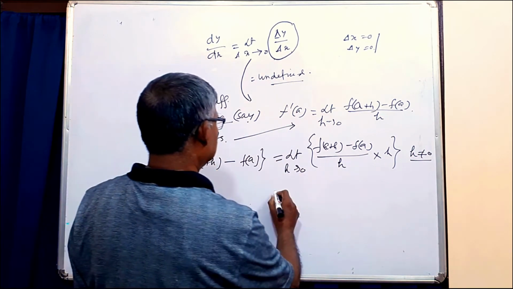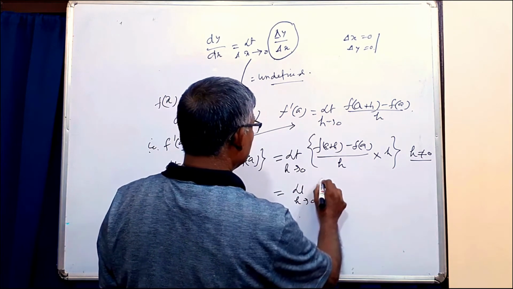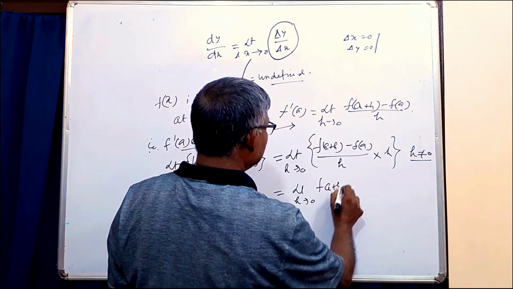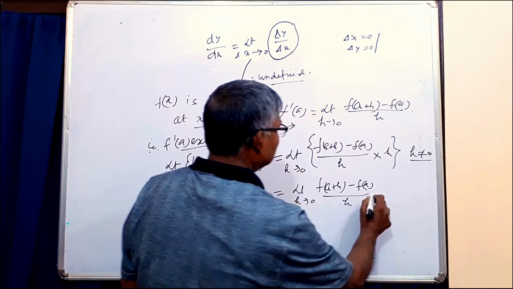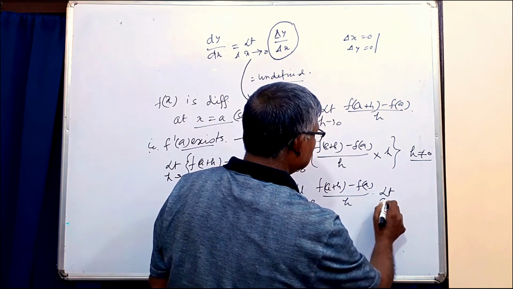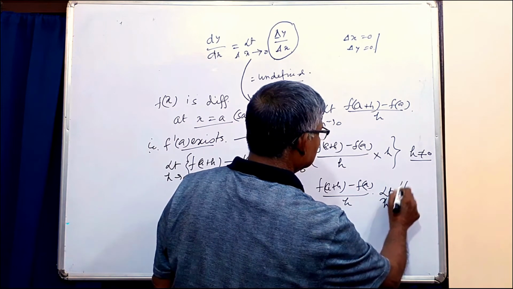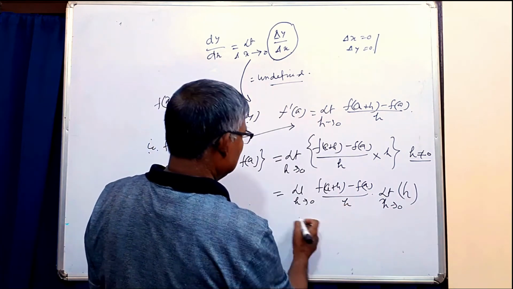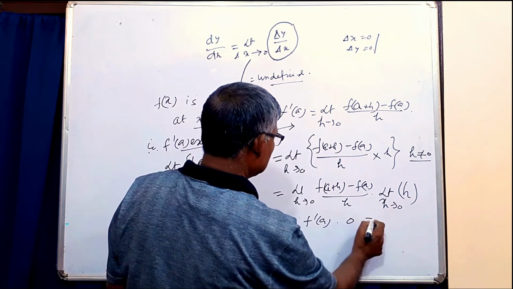So we can write this as limit h tends to 0 of f of a plus h minus f of a by h into limit h tends to 0 of h. You can separate this. Here is f dash a and here is 0, so it is 0.